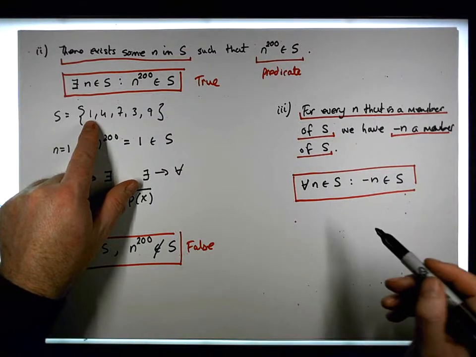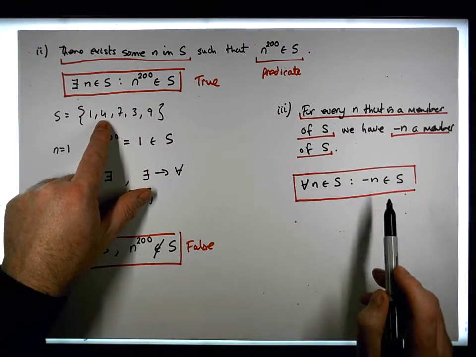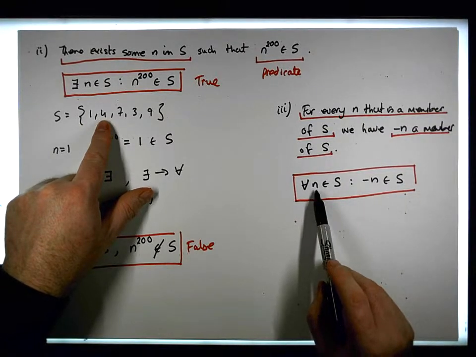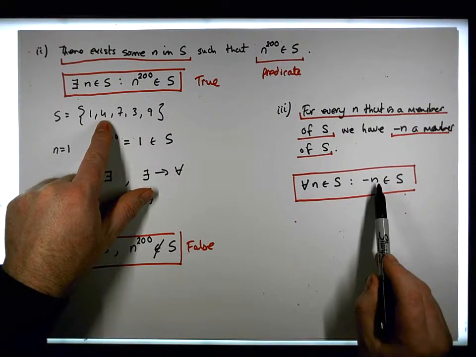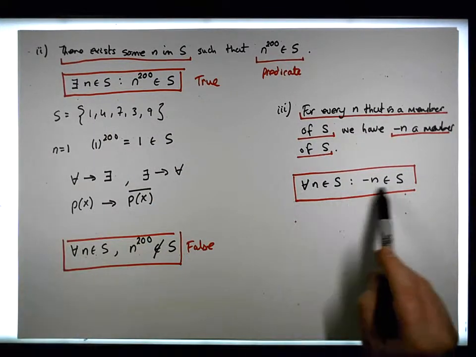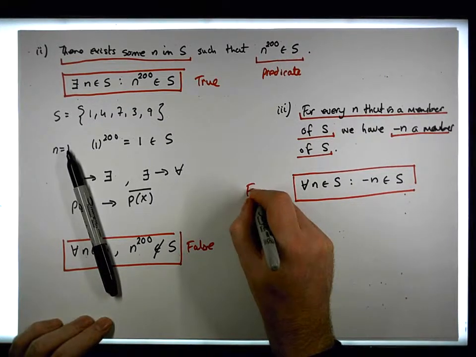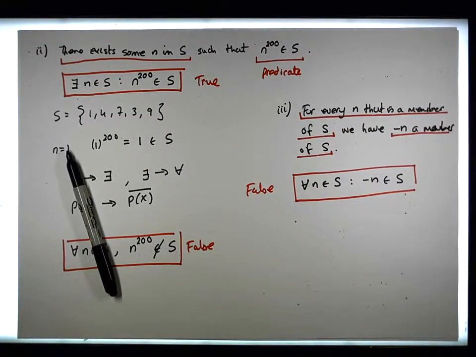So we found a counterexample. This says for them all. What about 4? Well, 4 is an element of S, but minus 4 is not in S. So we can see that this particular quantified predicate is false.